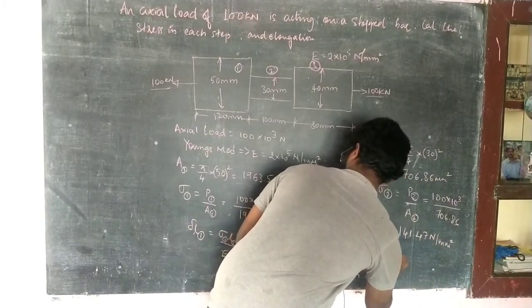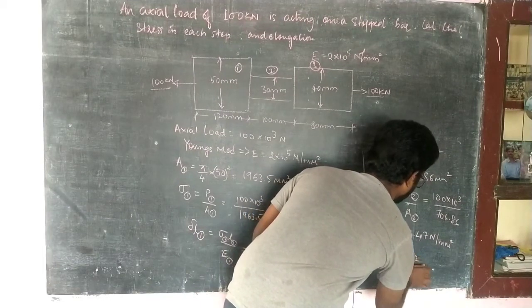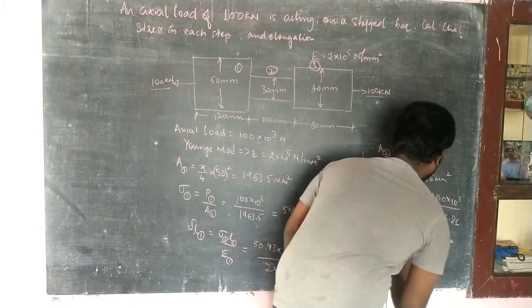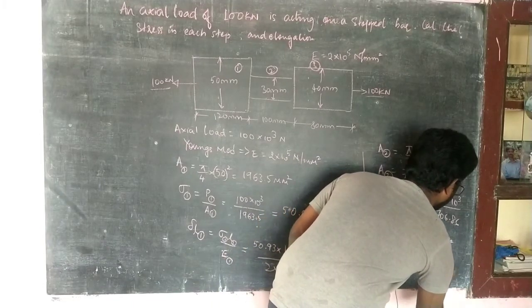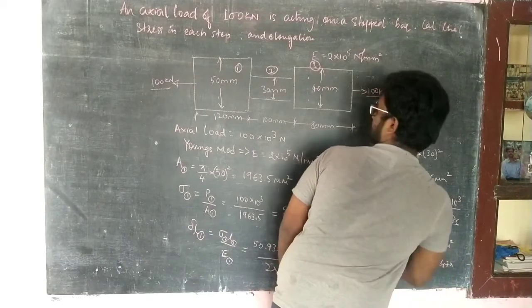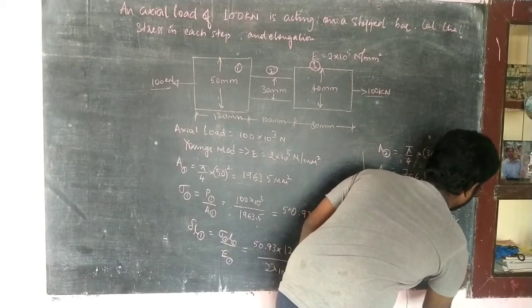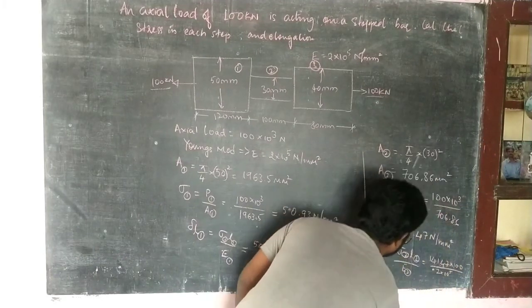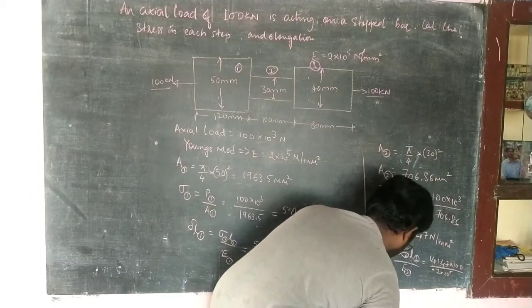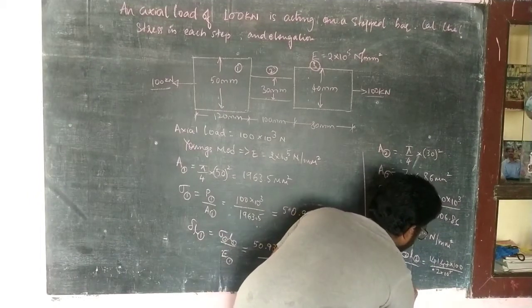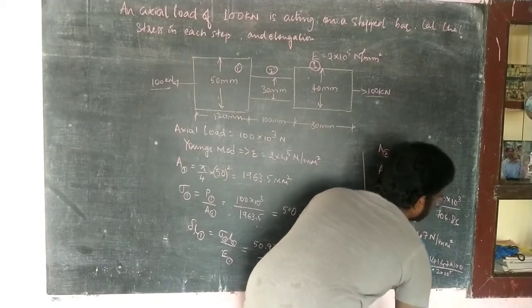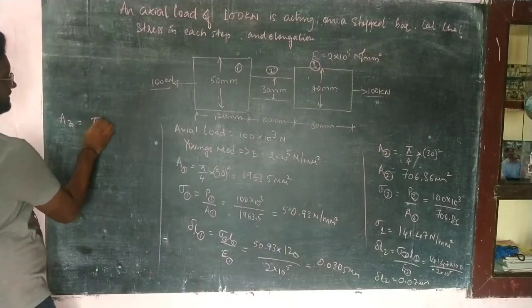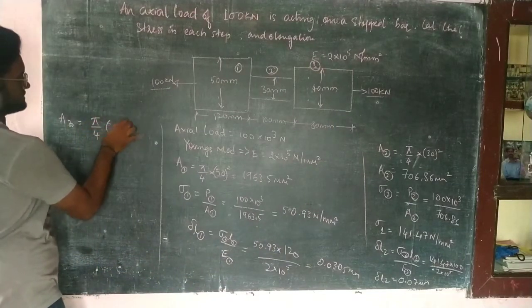Delta L2 is equal to sigma 2 L2 by E2. What is sigma 2? 141.47 into L2 is 100 divided by E2 is 2 into 10 power 5. So delta L2 is 0.07 mm.